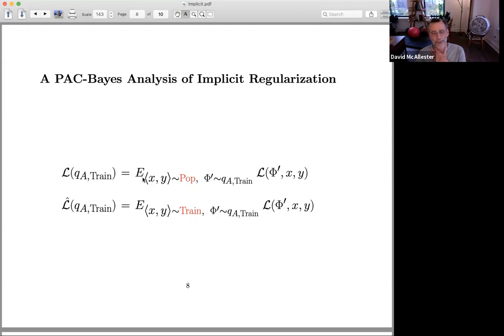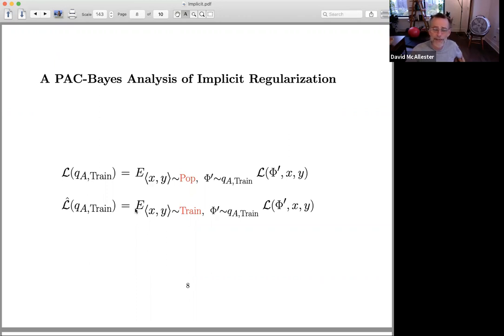This is the average over drawing new data from the population and drawing the model parameter from the distribution learned on the training data. You draw the model from what you learned, but you draw data from the population and you take the loss. That's just what we've been doing before. You learn an algorithm, but what you care about is how well it does on the population.